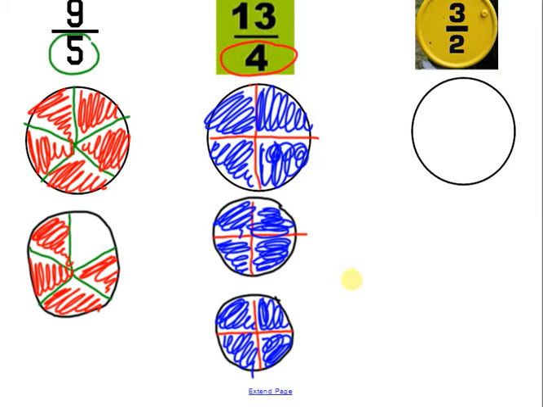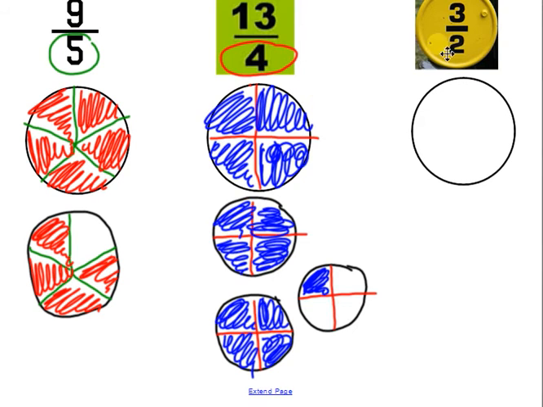Uh-oh, I need another circle. And 13. So, what do I know about 13/4? Well, I know that that means that I have 3 wholes of something, and then I have 1/4 of this last something right here. Okay, that's where these models can become very helpful.